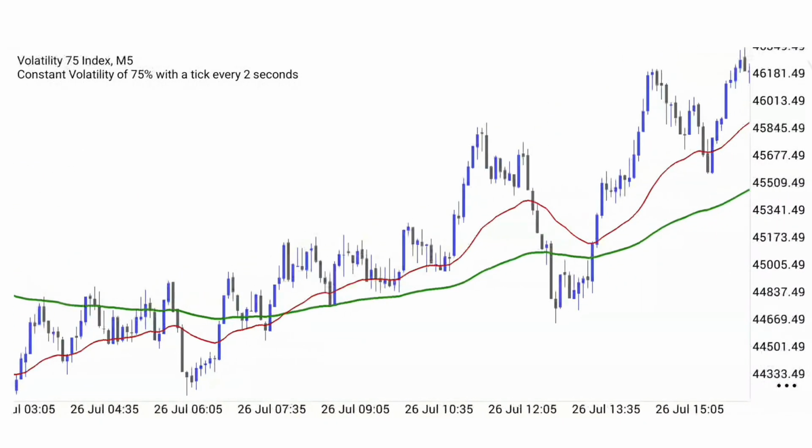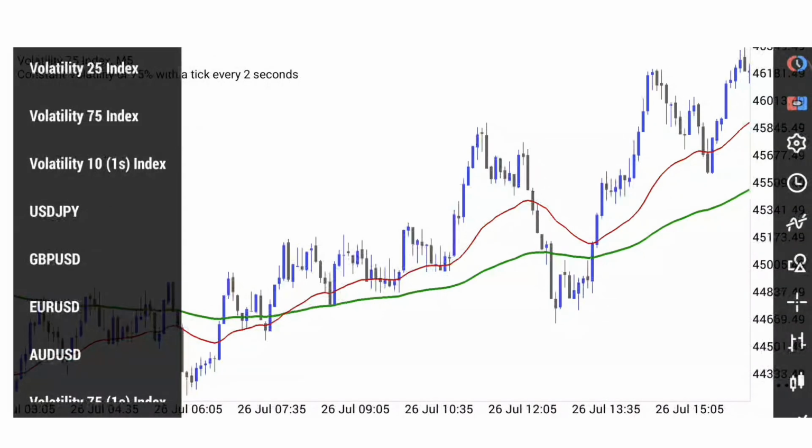Now, for us to get the moving average correctly, I believe that everyone here knows how to add moving average to their charts. This is MetaTrader 5, and if you don't know, just in case, here is the indicators tab.